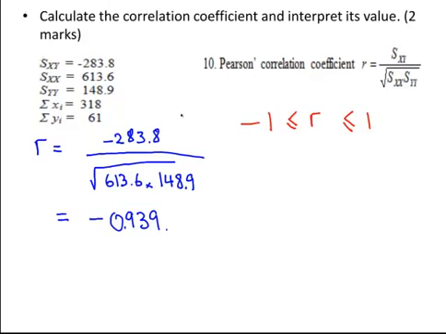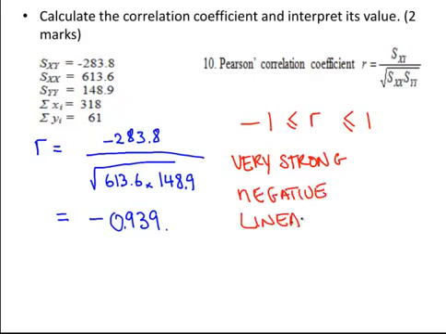This, we would say, is a very strong negative linear relationship. That's pretty much the interpretation we would make from a correlation coefficient like that. Okay, so that part is done.